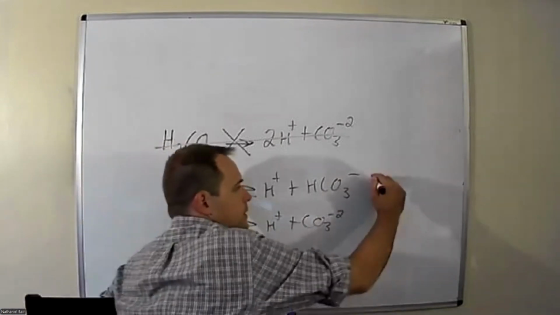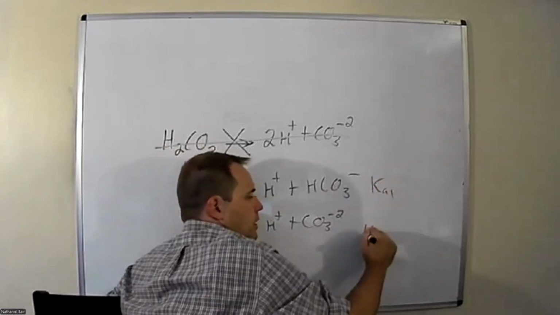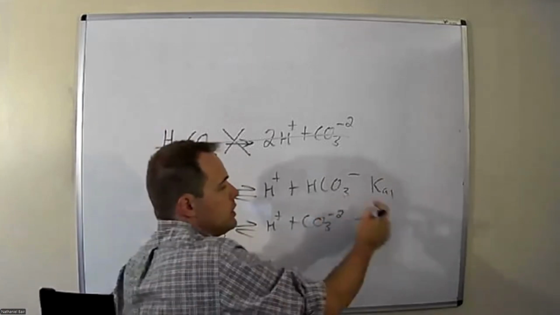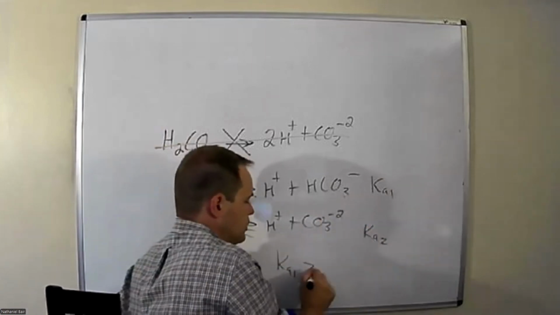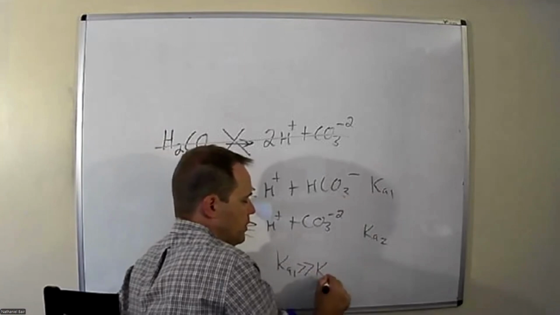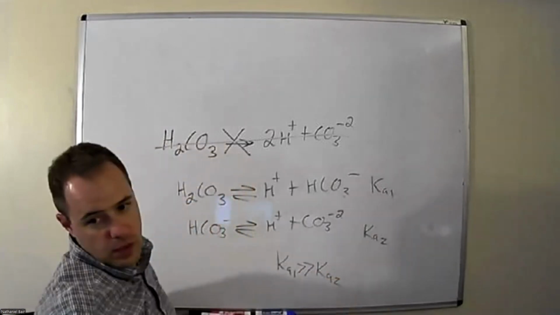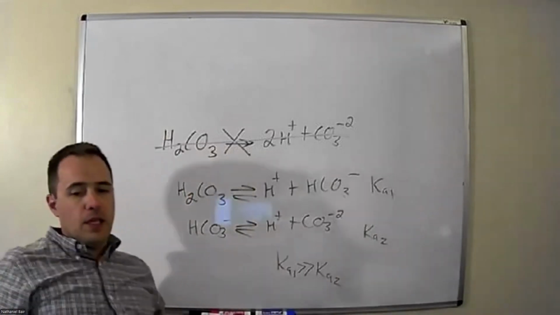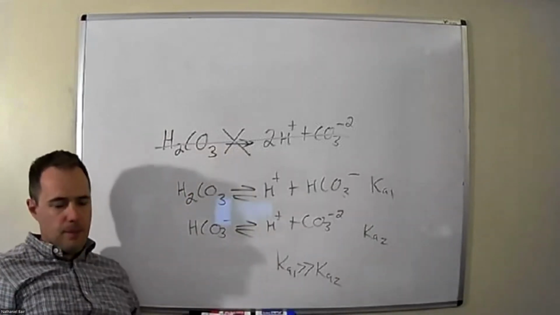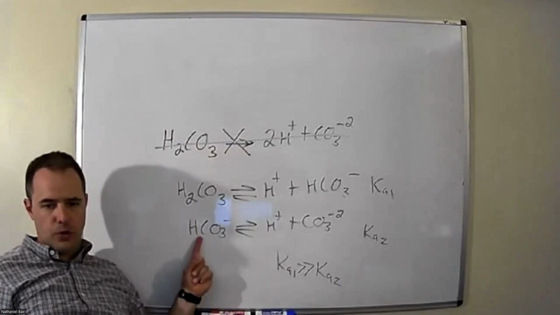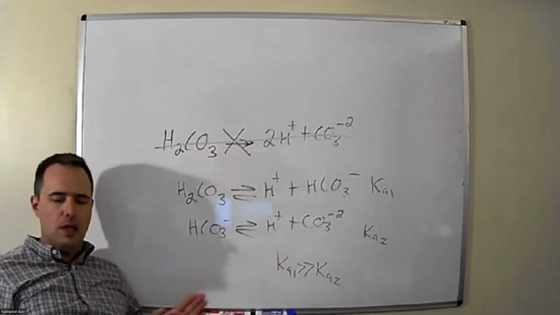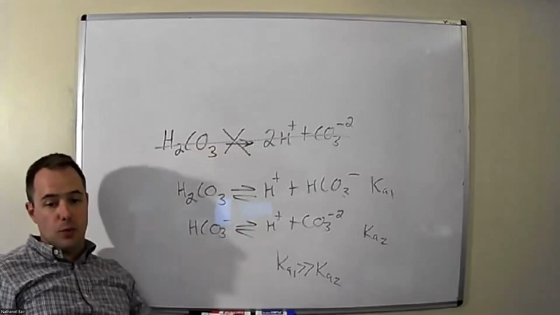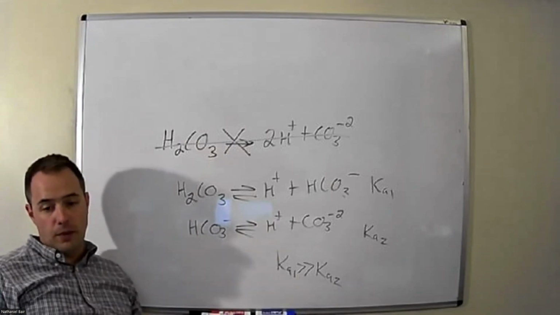So if we call this Ka1 and Ka2, the first acid dissociation constant, Ka1, is always much, much greater than the second acid dissociation constant. And this is wonderful news because unless you're an analytical chemist, the amount that the second hydrogen comes off on a diprotic acid can usually be completely disregarded. It's such a small amount, it's not even funny.